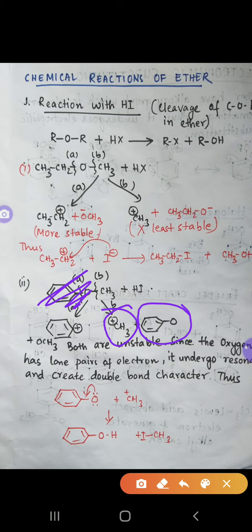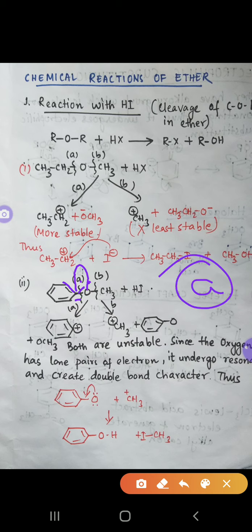I hope you remember from the acidity of phenol that phenol is more acidic. Why? Due to the presence of the phenoxide ion, it undergoes resonance. Here the lone pair is available, the lone pair undergoes resonance and a double bond is created. In the same way, in the beginning of the molecule, this oxygen has a lone pair, so it will undergo resonance and create a double bond, and when it creates a double bond, it is very difficult to break from side A, so it will definitely follow this path.